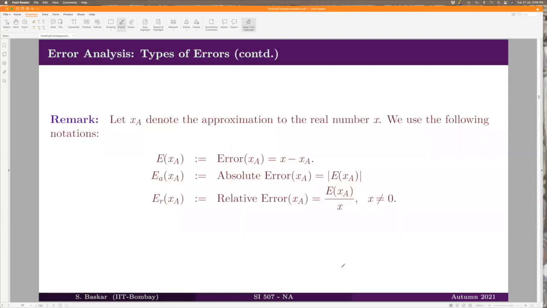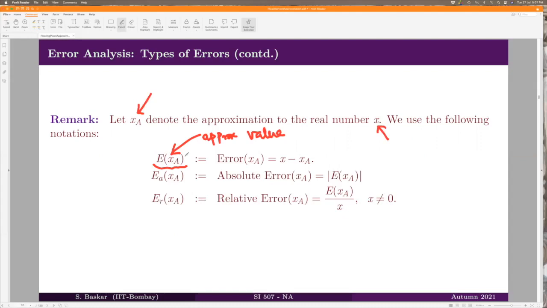We use certain notations in our course. Whenever we say E of XA, it means you have an approximate value to your true value x. Generally, we denote the true value by x and its approximate value by XA.